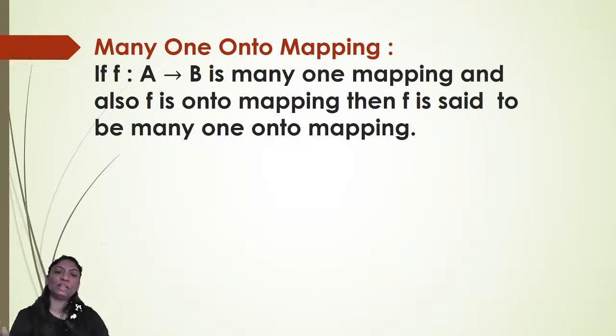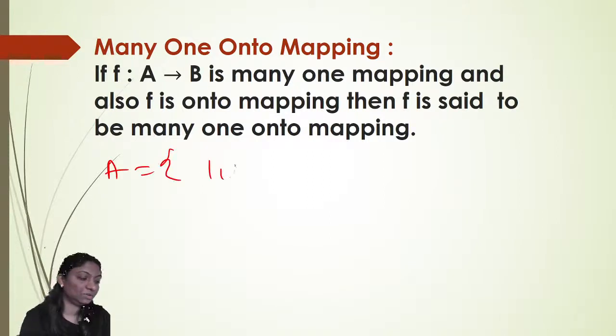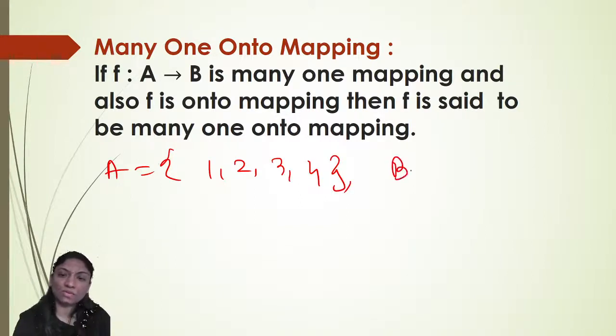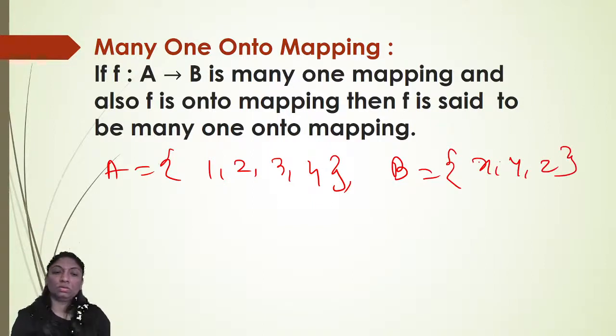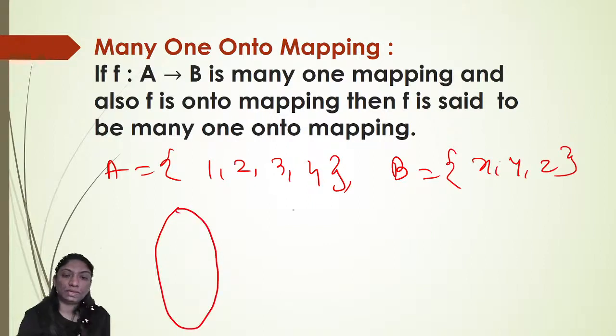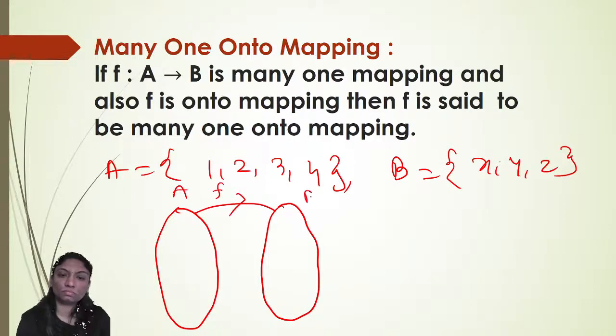Many one and onto means every element of B has a pre-image in A. So suppose A is equal to 1, 2, 3, 4, and B is equal to, suppose, x, y, z, f defined from A to B. 1, 2, 3, 4 to x, y, z.